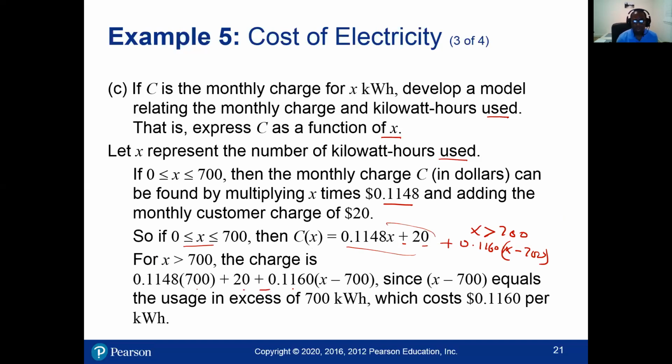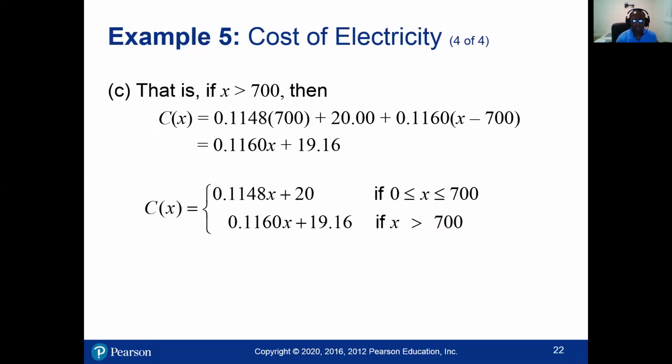Here X minus 700 equals the usage in excess of 700 kilowatt hours. If you put it together, you have 0.1148 times 700 plus 20, then plus 0.1160 times X minus 700.